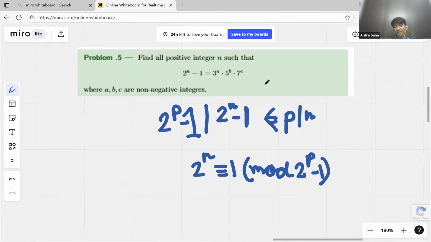Can you use this fact to do this? Try using this fact. Also, this might use orders in some places, I'm just saying it out loud.